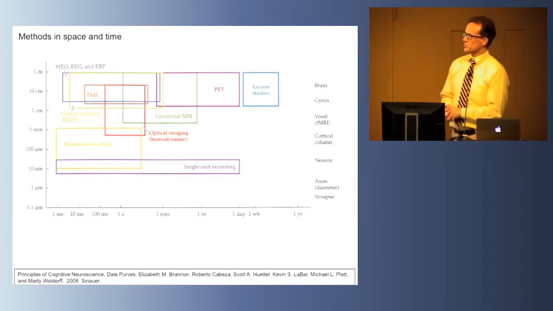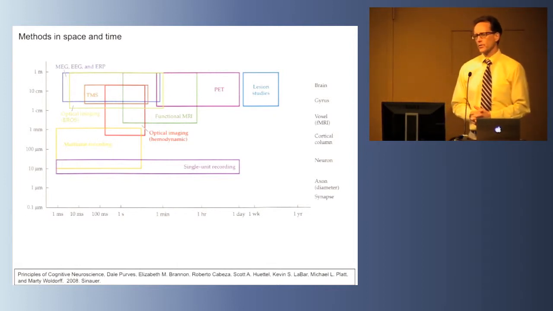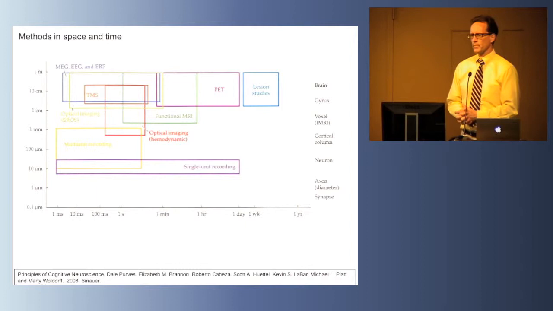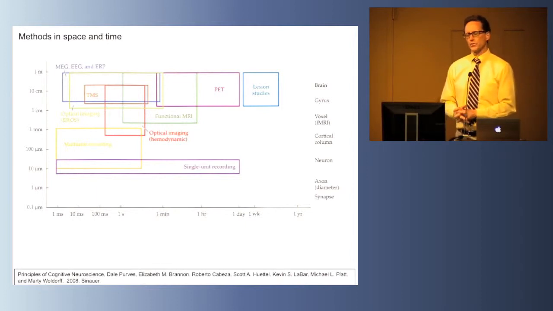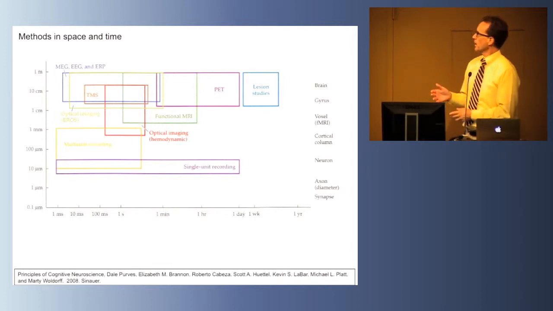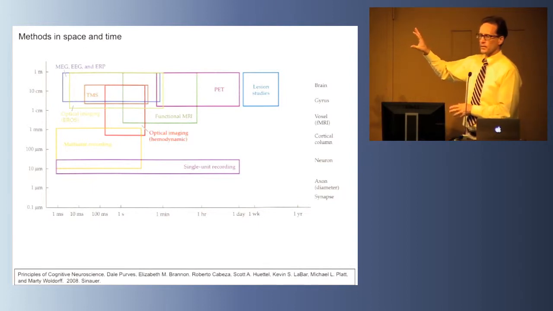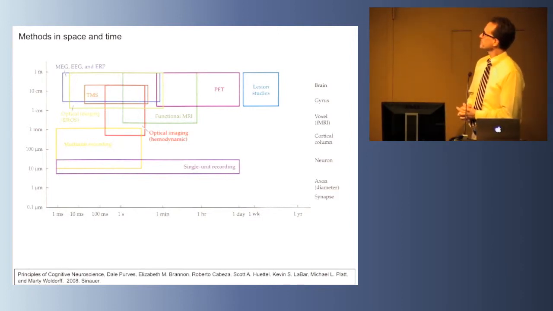Another technique, labeled TMS, stands for transcranial magnetic stimulation. This is a method that I'll show you that is used to manipulate the brain. It can operate on a shorter time scale, indeed one pulse at a time, for example, but it's got poor spatial resolution. It's on the order of a chunk of brain.